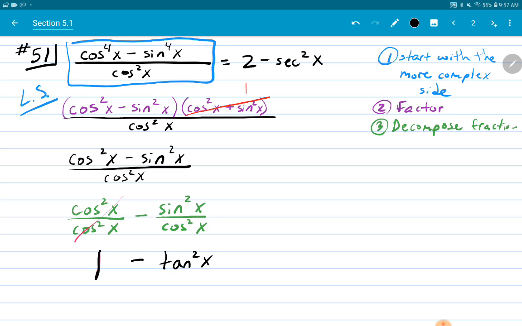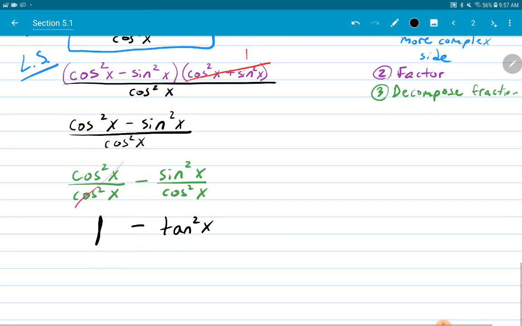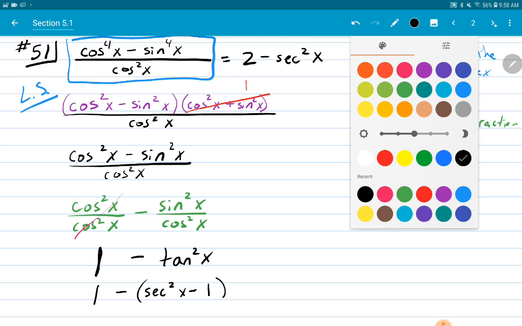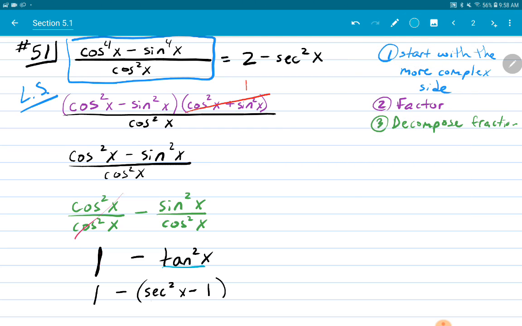So now I have 1 minus tangent squared, and I can replace that tangent squared with, so let's do 1 minus, it has a relationship with secant, which is that tan squared equals secant squared minus 1. So replacing this guy with that guy, so using my identities.